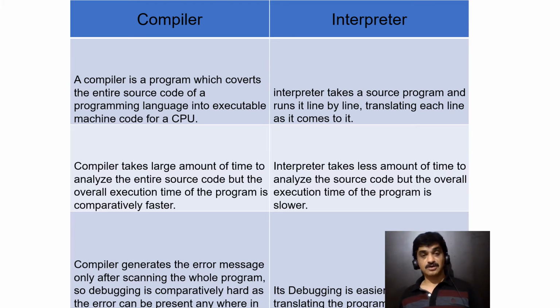The compiler takes more time to read the source code, but it converts or translates the entire program faster than the interpreter. The compiler generates the error message only after scanning the whole program, but the interpreter reads line by line and identifies any error very fast.